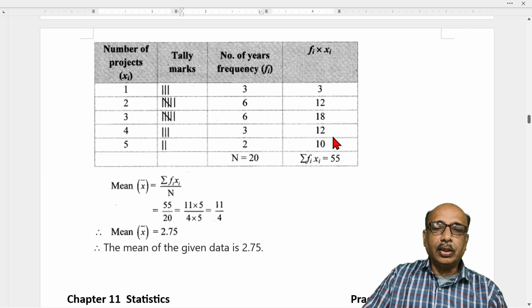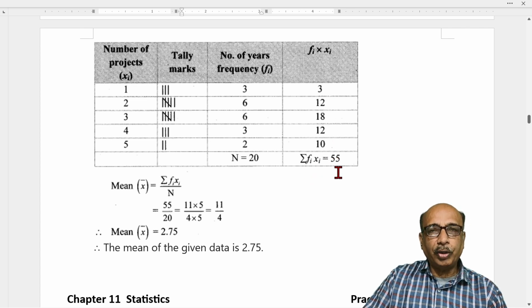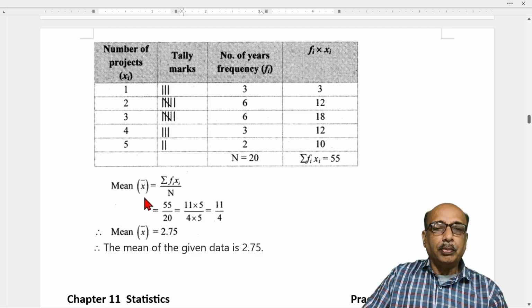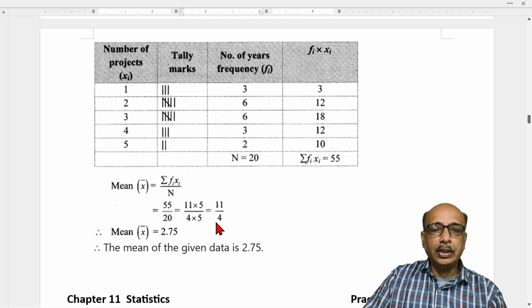Make the total of this also, sum of fi xi equals 55. Mean X bar equals the sum of fi xi upon N equals 55 upon 20. Simplify it, you will get 11 by 4. That is nothing but 2.75.